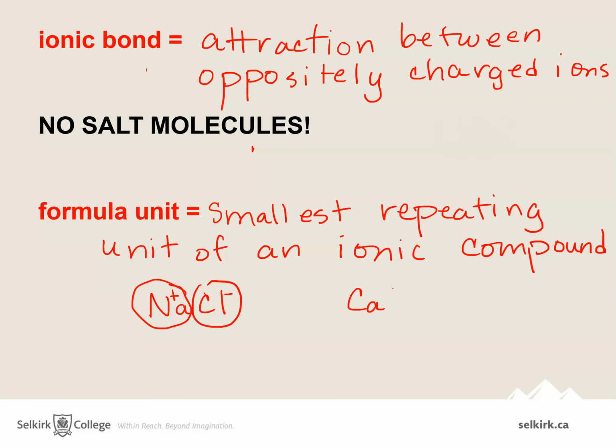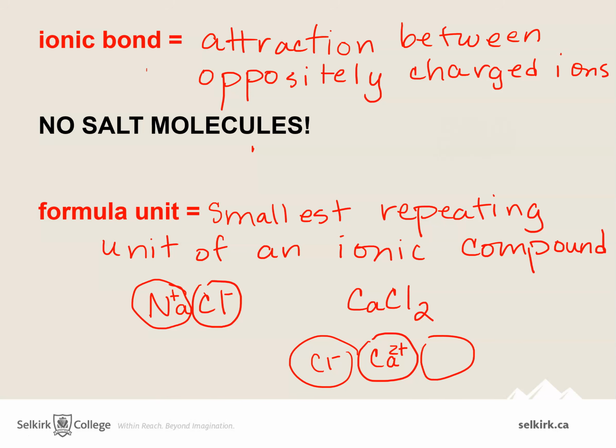But if I had calcium chloride, say, a formula unit of calcium chloride would have one calcium ion and two chloride ions. In the ionic compound at large, of course, there would be many, many of those ions, but a formula unit represents the small amount represented by the formula.